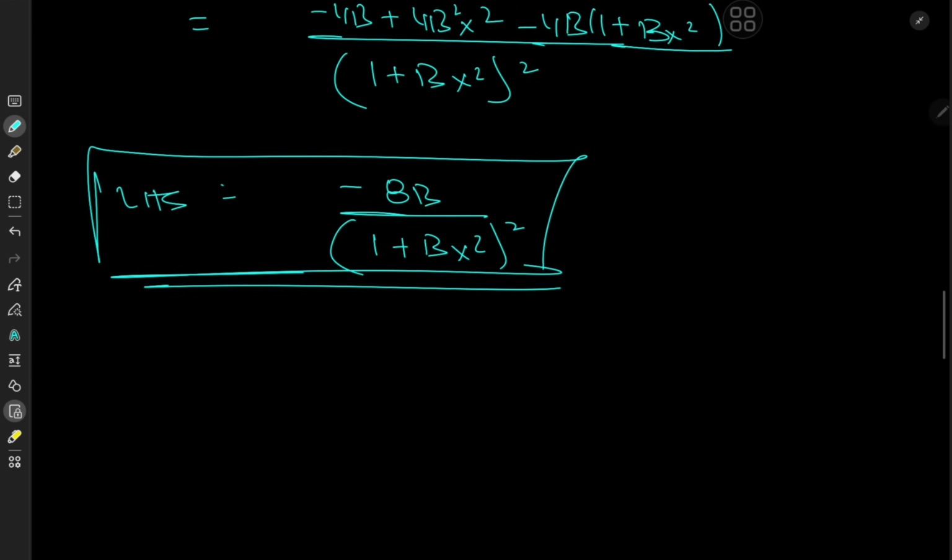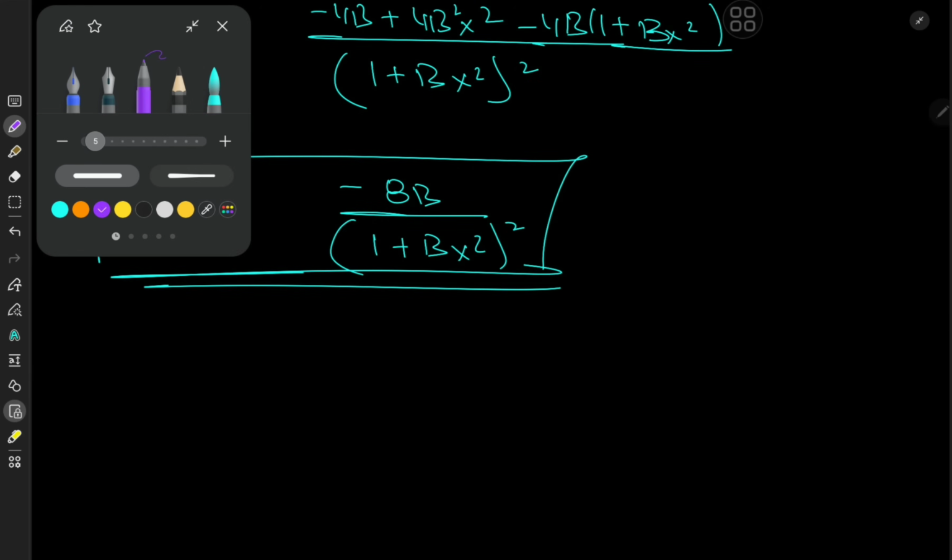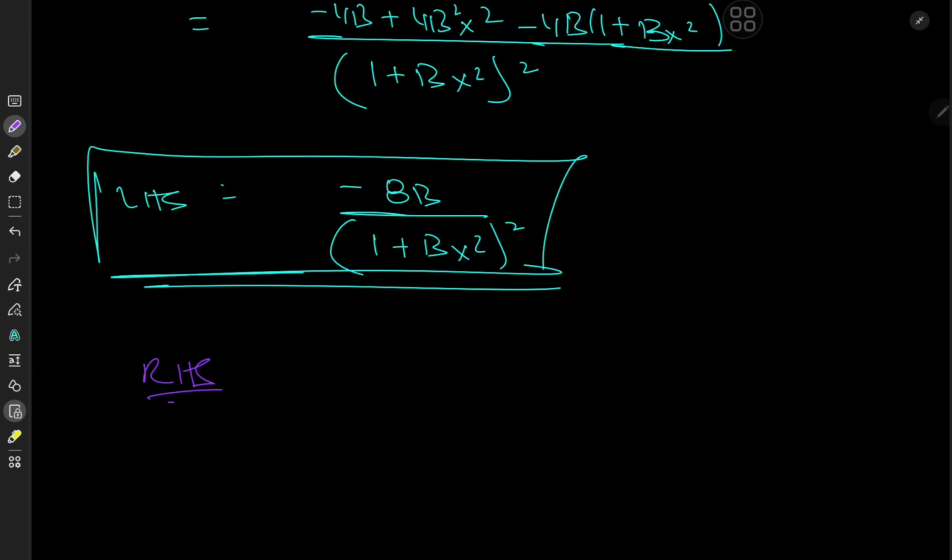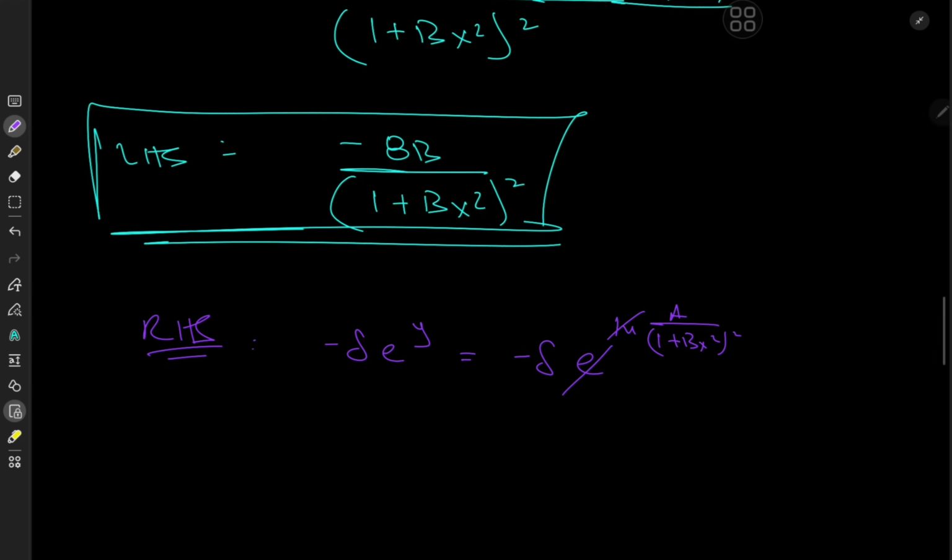Whereas on the right-hand side, recall that we had this negative delta times e to the y. So we have negative delta times e to the logarithm of a over 1 plus bx squared squared. And again, there is some cancellation taking place.